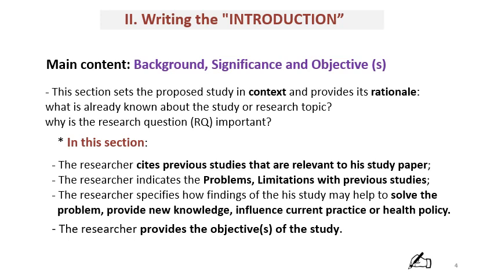And they will probably indicate the problems with previous studies, especially the limitations of previous studies, and show how findings from their own study may help to solve the problems from previous studies, provide new knowledge, and influence the current practice or health policy related to our study topic. And then the researcher provides the objective of the study.